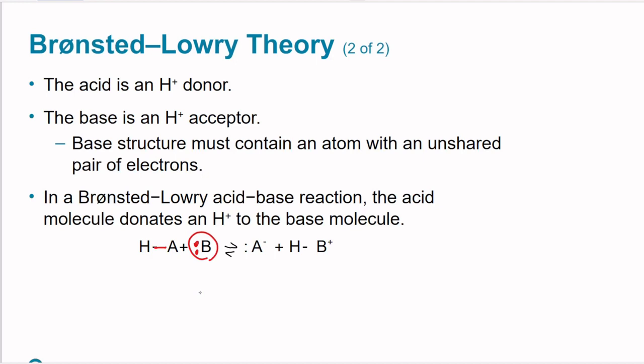That lone pair is going to attach itself to the hydrogen, forming the hydrogen with the base molecule attached. And that leaves behind the A-. So we leave behind the anion, which is called the conjugate base of the acid, and we're forming the conjugate acid of the base.